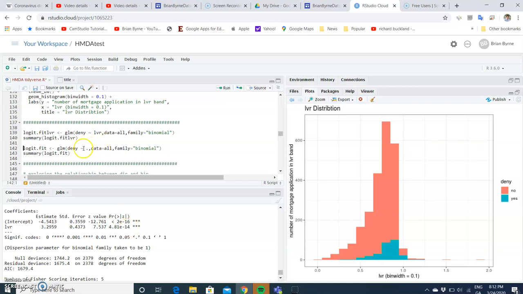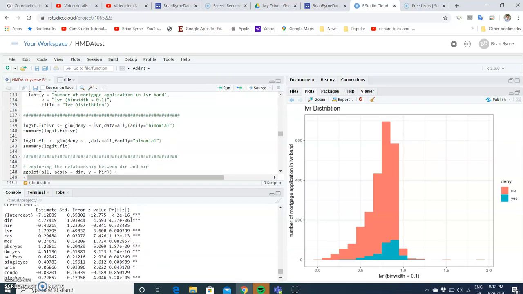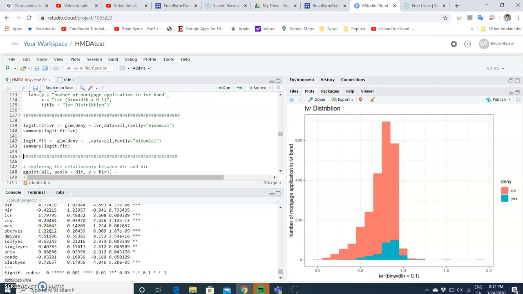And we could do this for the entire set with the tilde and then a dot, which says take all the predictor variables, the 13 variables, and incorporate them into this. So we run that and get a summary output. Again, for the full 13 predictors, if we look at LVR, it's fairly clear it's positive.